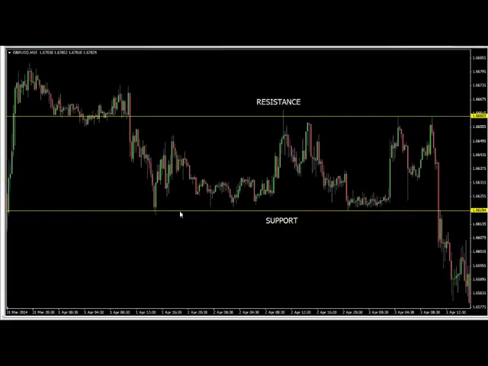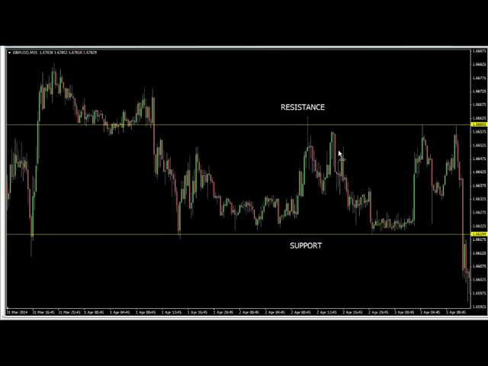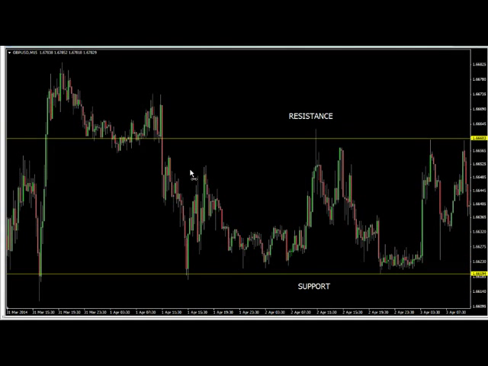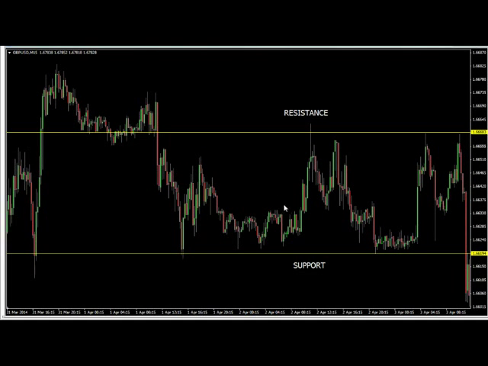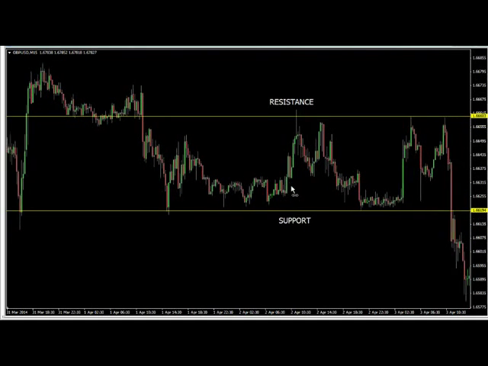So by this time, we've got a level of support that's been touched 7 times and a level of resistance that's been touched 3 times. We've got a really nice box formation going on here, and we know that the price can't stay in this box forever. There's going to be a certain time where it's going to squeeze down and break out of the level of support and resistance.